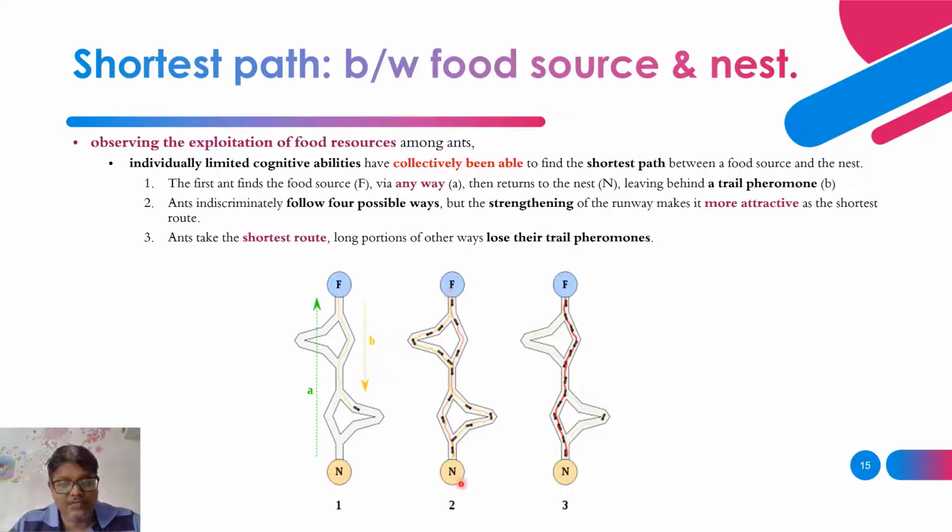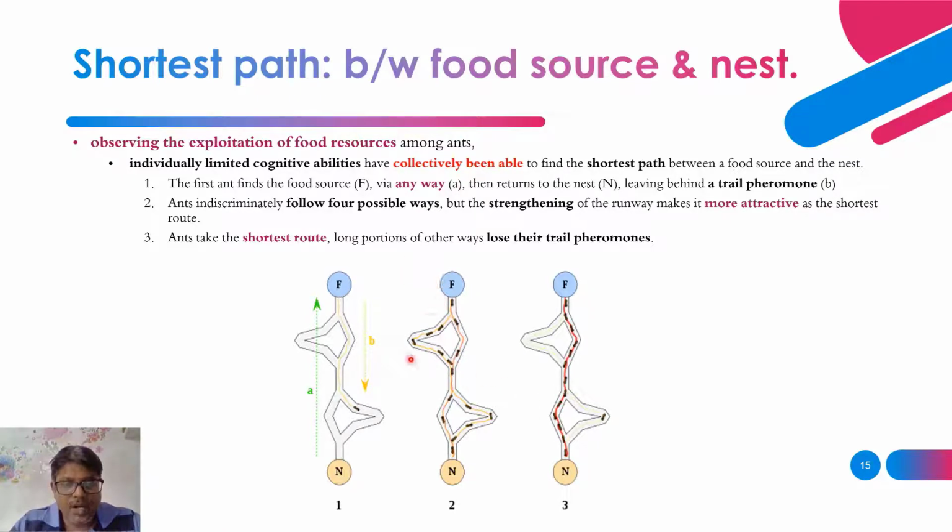they may strengthen the runway by depositing more pheromones. That means if more pheromones are deposited, it will become more attractive. And if it is a shorter path, more ants will follow the runway, so the shorter path will be a more attractive path.